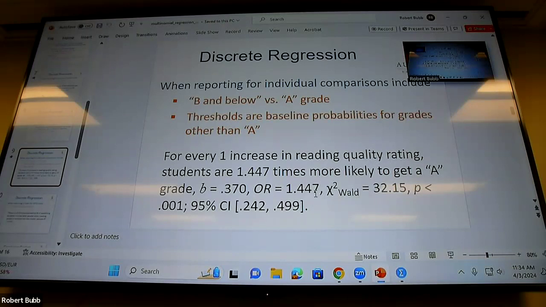Sorry, Austin, yes. So I know you just said that the letter grades in there are ranked. Does that mean that in the instances where we have ordinal predictors, we never need the independence of alternatives assumption?